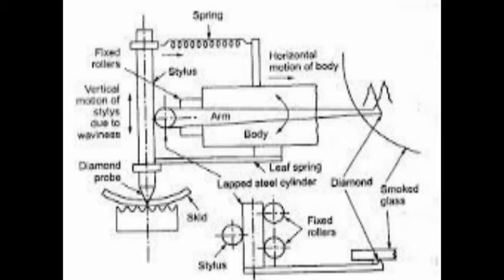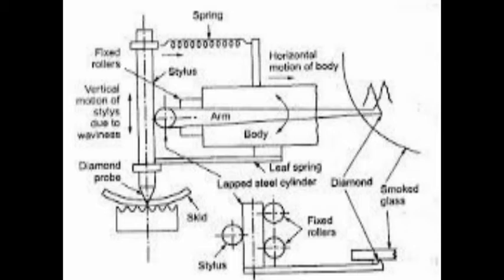The vertical movement of the probe caused by surface irregularities makes the horizontal lapped cylinder roll. This causes the movement of the arm attached to the lapped cylinder. A magnified vertical movement of the diamond scriber on the smoked glass is obtained by the movement of the arm.